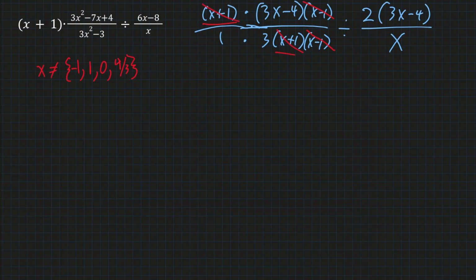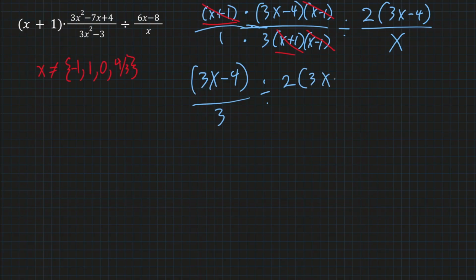So this now on the left side is simplified to 3x minus 4 over 3, because 1 times 3 is 3. And this is going to be divided by 2 times 3x minus 4 over x.